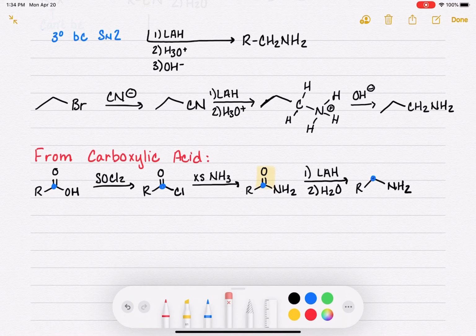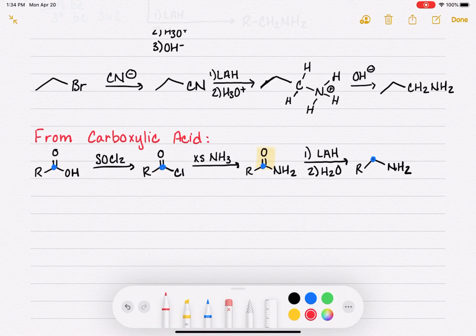And then our last reaction for a review is to synthesize an amine from benzene, starting all the way back at benzene. If we wanted to synthesize an amine, the first thing that we would need to do is nitration, which is nitric acid followed by sulfuric acid.